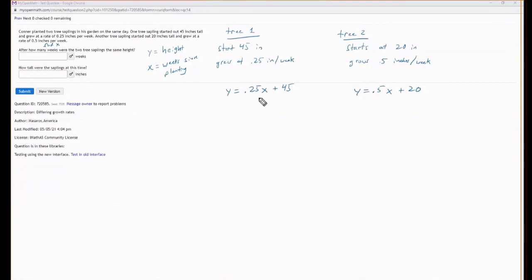So what I want to do is find an x value that will give me the same y output for both of these. So if y is equal to this and the same y is equal to this, then these two things must be equal. Here, let's color code the parts.